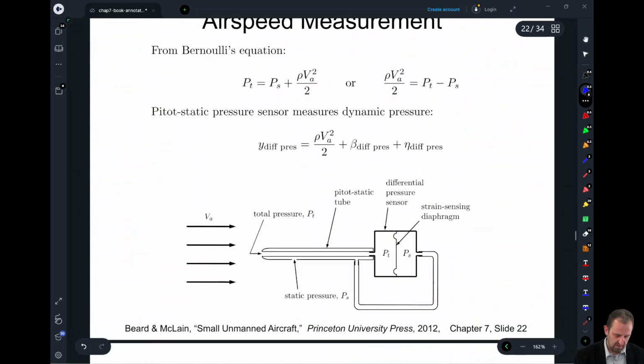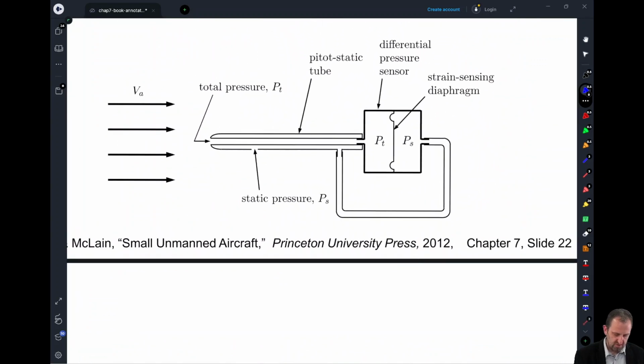Over here, we're going to have two different chambers, and they'll both be connected to the outside. But our air coming in, from V sub A, our relative airspeed coming in, is going to have air pushing into this chamber, which we call the pressure of P sub T.